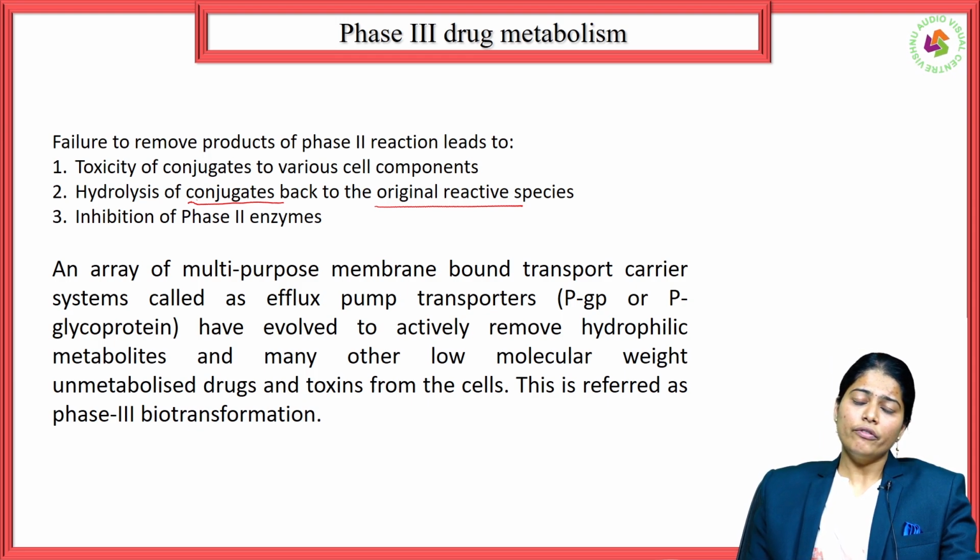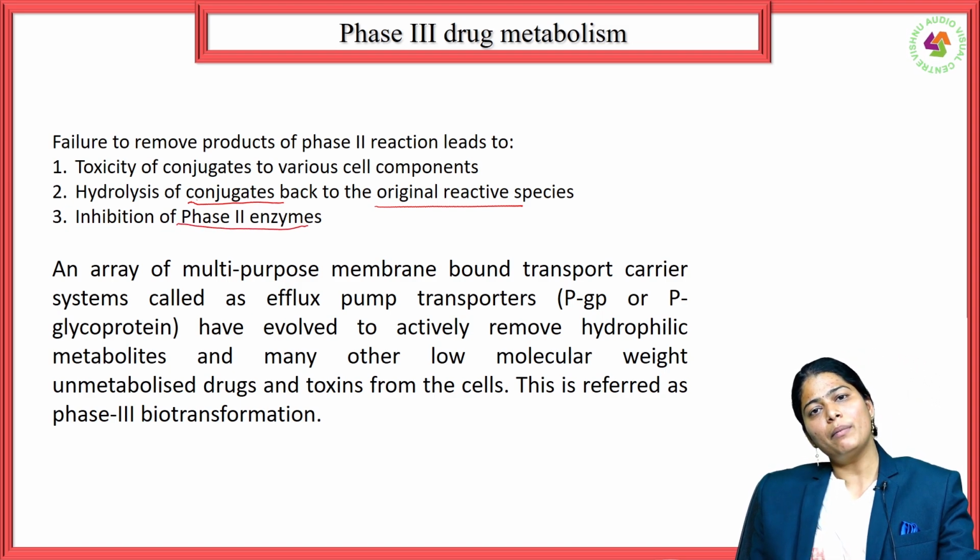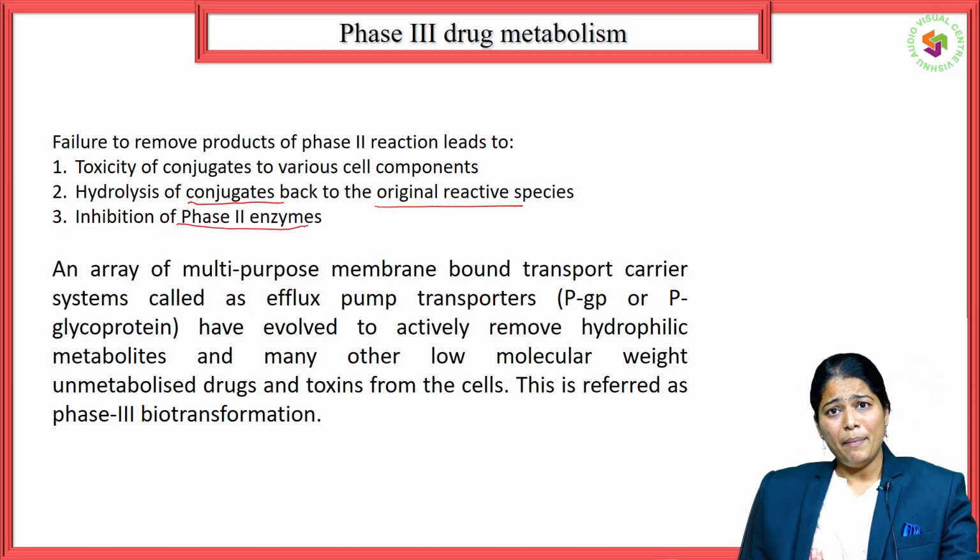And inhibition of phase 2 enzymes. Any drug substance after metabolization, the metabolites will inhibit the phase 2 enzymes. By using phase 3 metabolism, we can reduce the toxicity of such compounds.